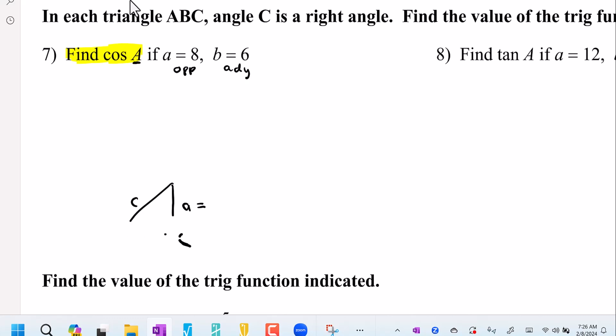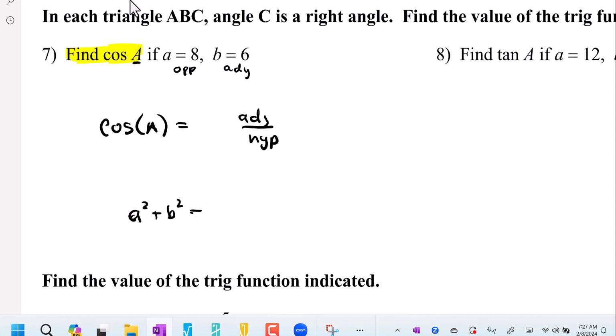So without even drawing a diagram for this one, you can say, well, for cosine, I need adjacent over hypotenuse. Well, I don't have a hypotenuse, but we know a squared plus b squared equals the hypotenuse c squared.